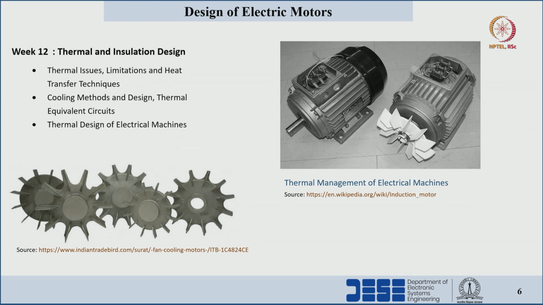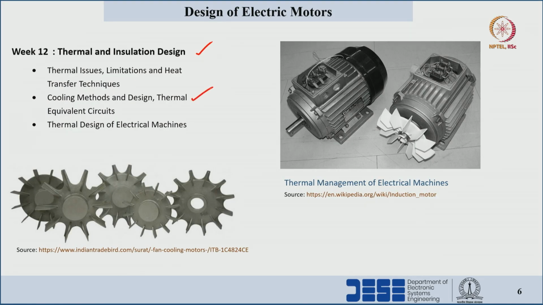In week 12, we will discuss the thermal and insulation design. In a practical system there will be losses, and these losses will be dissipated in the form of heat, right. So, how to consider these losses, and how to manage the thermal system for a given type of machine.